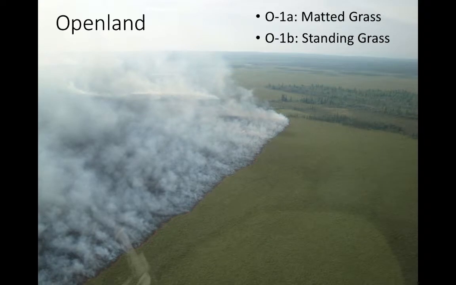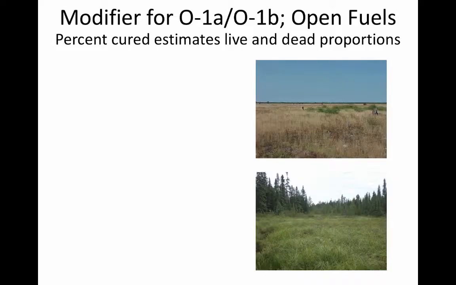Open fuel types generally represent grasses, though they can be used for grass-shrub mixtures like tundra in Alaska. The open land fuels also require an additional modifier as an input to characterize how much of the grass is cured. In early spring, before green up, these fuels are generally considered to be 100% cured.